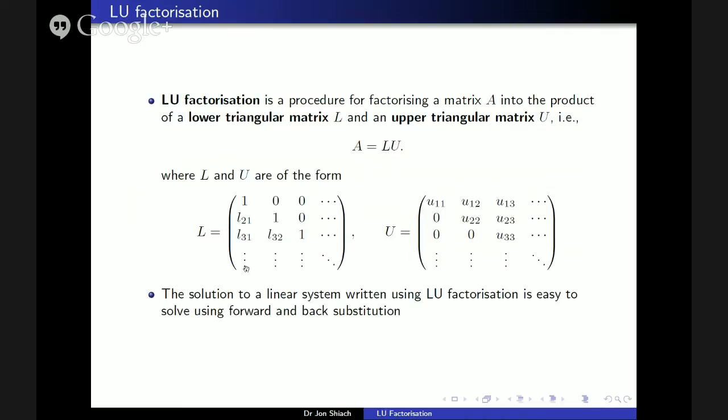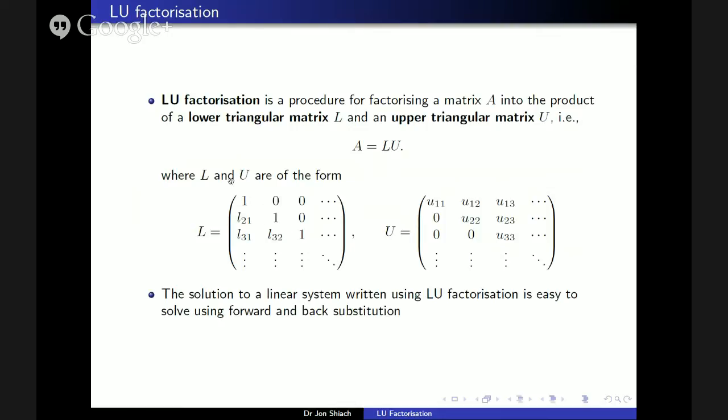The lower triangular elements we have to determine. For U, the lower triangular elements are all 0, and the upper triangular elements we've got to determine. Notice for the main diagonal for U, we may not have 1s. For L, the main diagonal is always 1s.